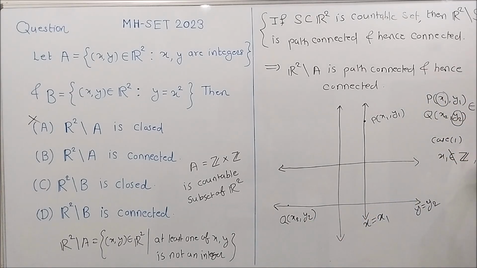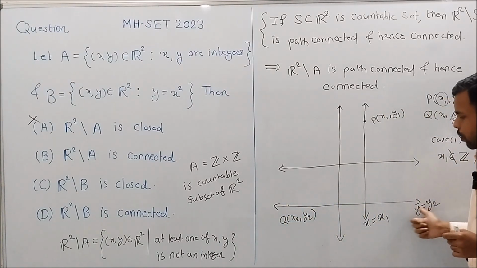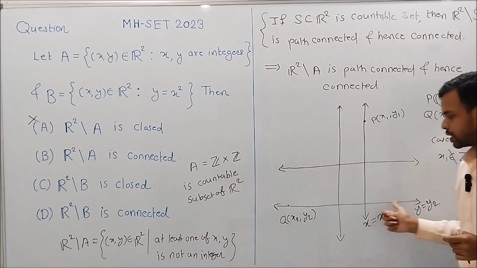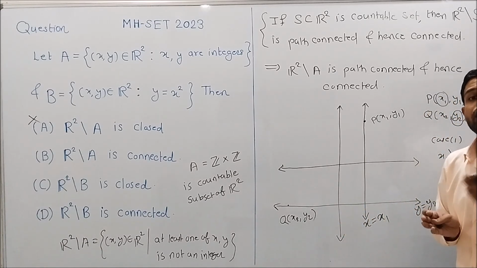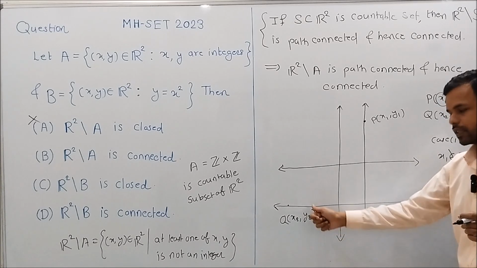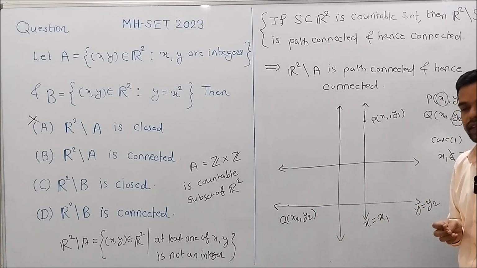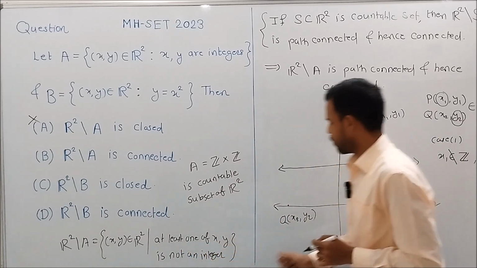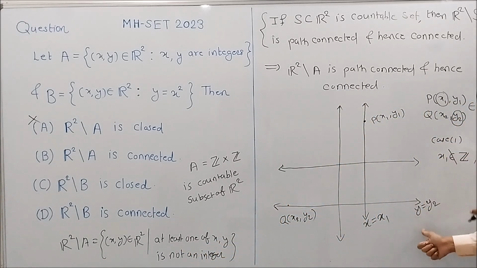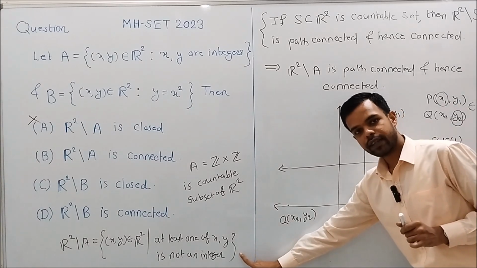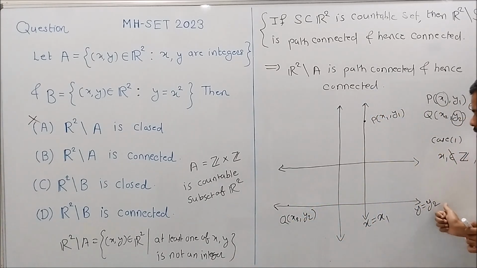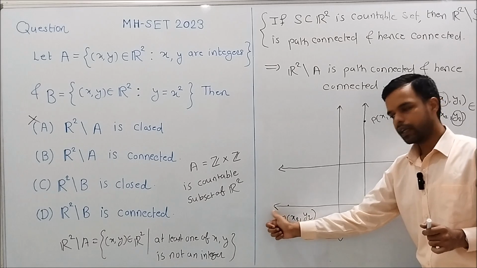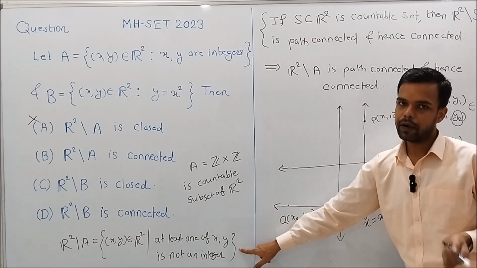But y2 does not belong to Z. So every point on this horizontal line has a second coordinate y2 which is not an integer. So by definition of R2 minus A, every point on this horizontal line belongs to R2 minus A. That means this horizontal line is also contained in R2 minus A.